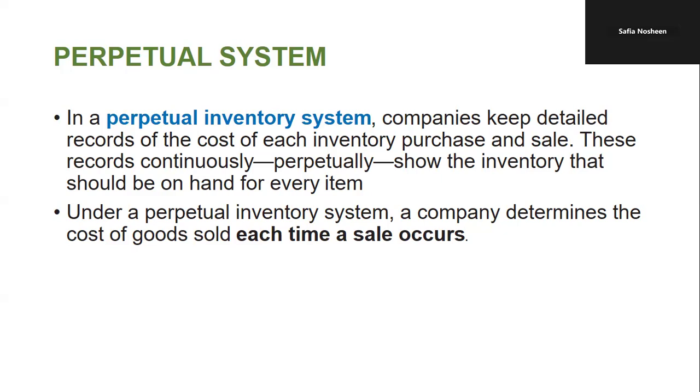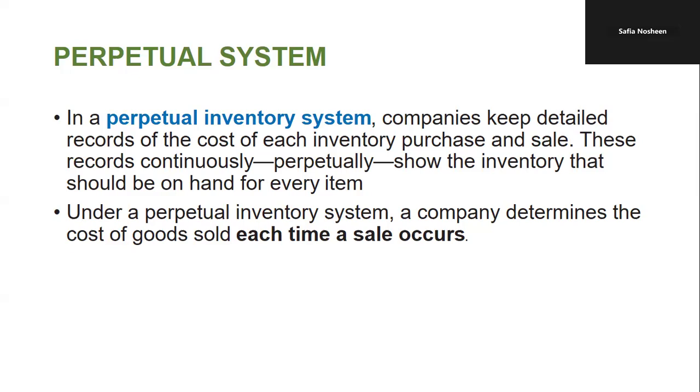So we have to understand what the perpetual system is and what the periodic system is. In the perpetual system, companies keep a detailed record of the cost of each and every inventory purchase and sale, and this process continues continuously.